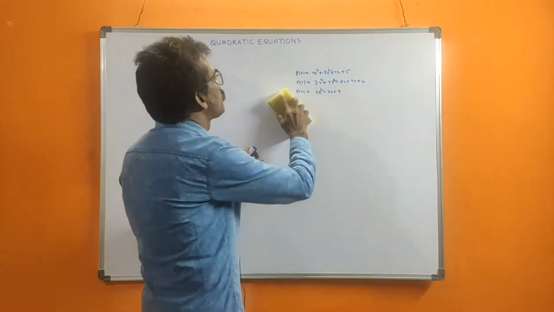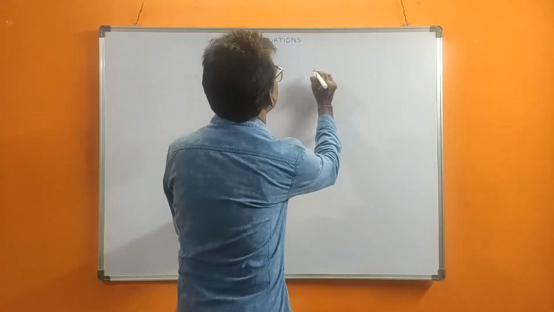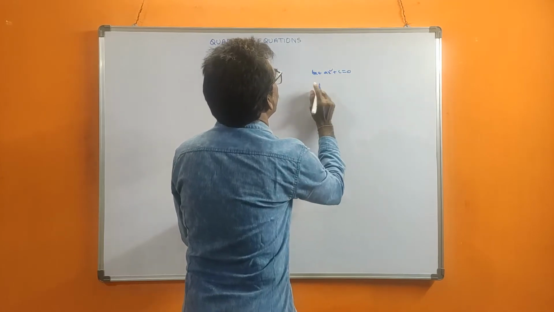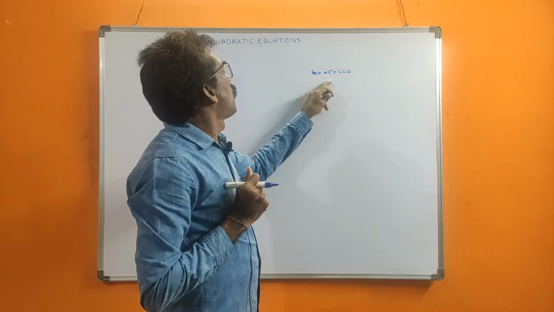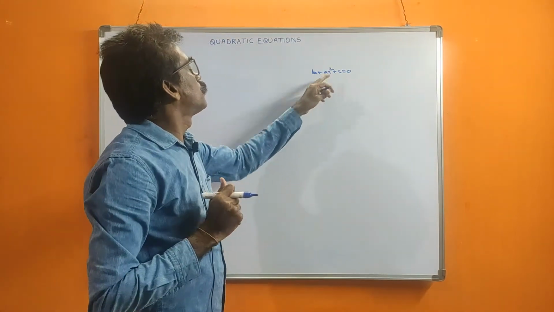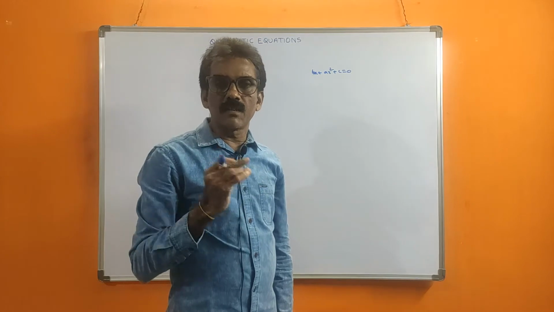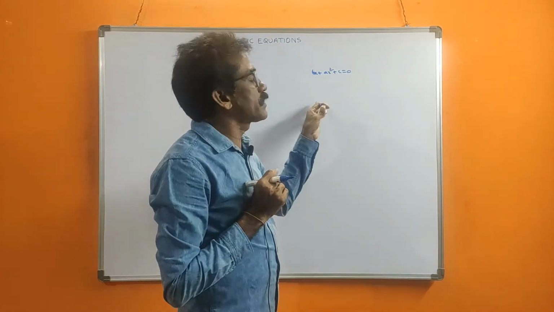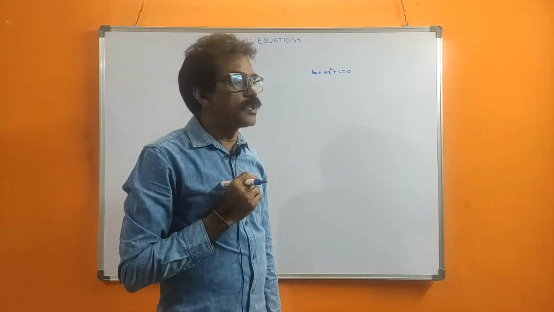Now, ax square plus bx plus c is equal to 0. This is a quadratic equation. See, here the degree of this polynomial is 2. x is the variable. Generally, x, y, z, the last alphabets, are used to denote variables, and the first alphabets a, b, c, d, e are used to denote constants.